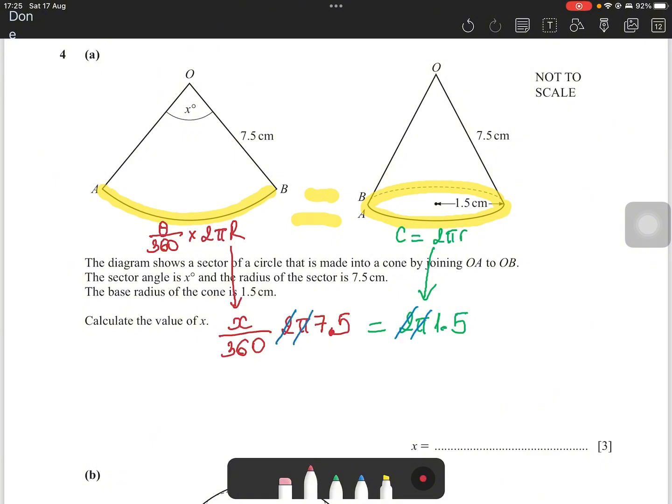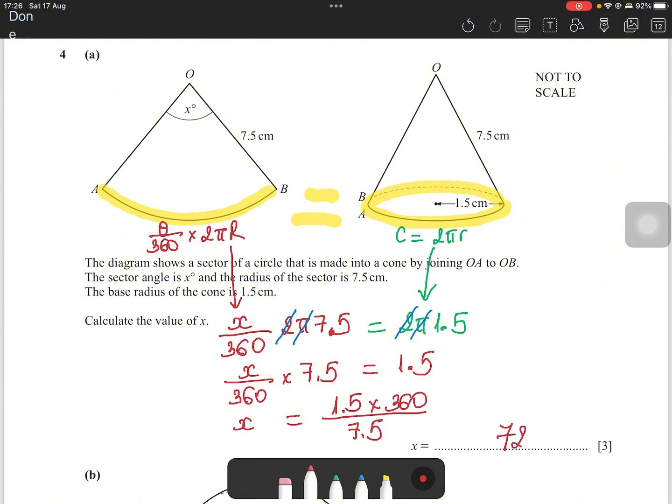So the equation is only x over 360 multiplied by 7.5 equals 1.5. And to find the value of x, we need to multiply 1.5 by 360, and then divide both sides by 7.5. So the answer is 72 degrees.